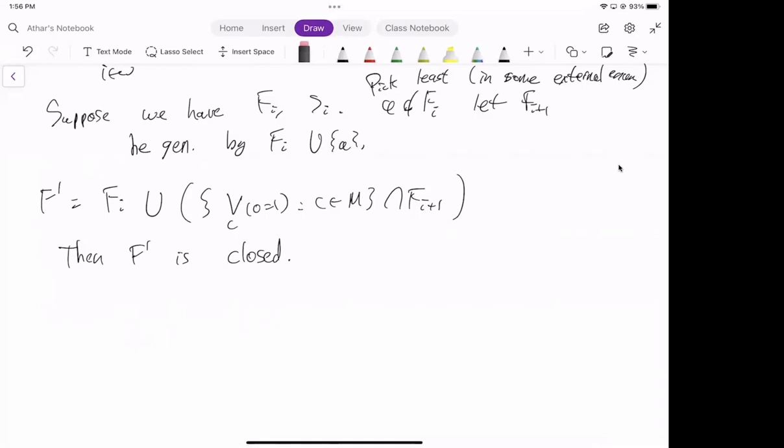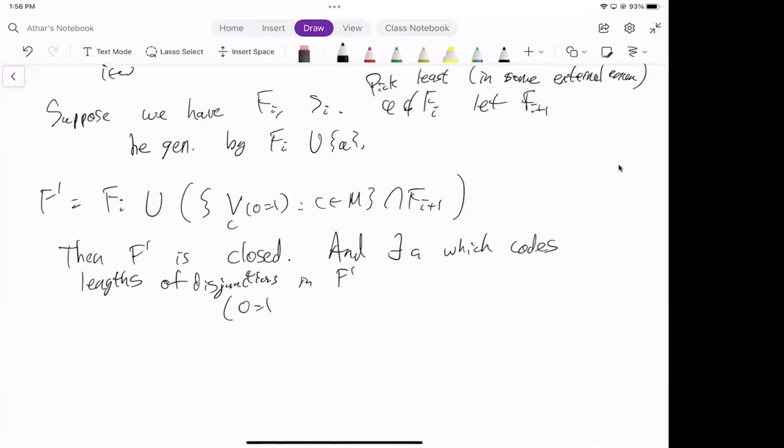Okay, and there is an A which codes, and this is what I mentioned before, I can say it specifically: let A be something that codes the lengths of disjunctions in F prime. And if you want, you can say disjunctions of 0 equals 1 specifically.